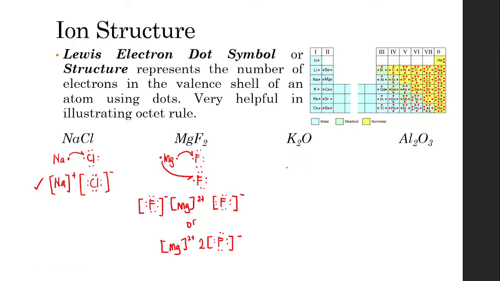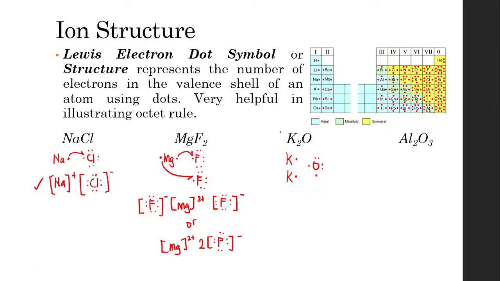How about K2O? K has 1 electron on its valence shell, and we have 2 of them. And then we have oxygen that is found on column number 6, which means we have 1, 2, 3, 4, 5, and 6.